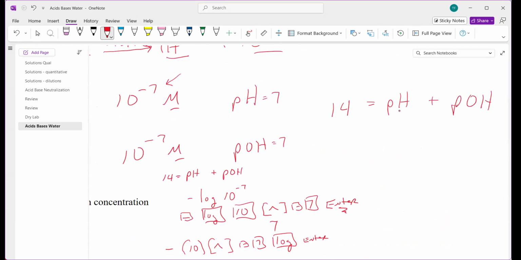So if you know pH, you can automatically calculate pOH and vice versa. Frequently with acid and base problems, they'll ask you for the pH and the pOH. Once you calculate one, it's easy to get the other one. You just go through 14.